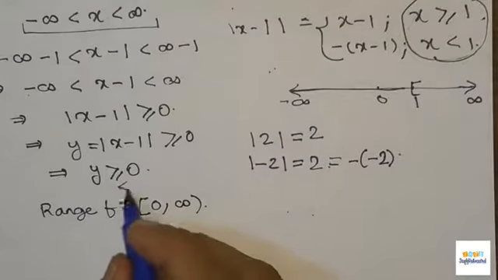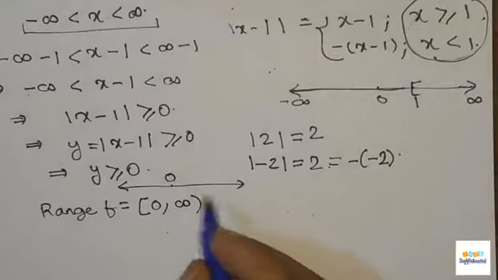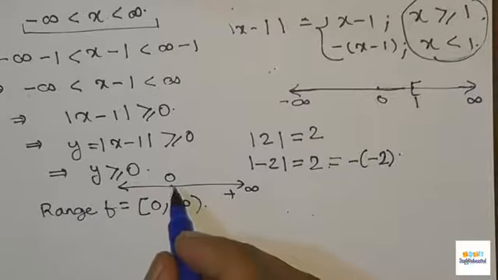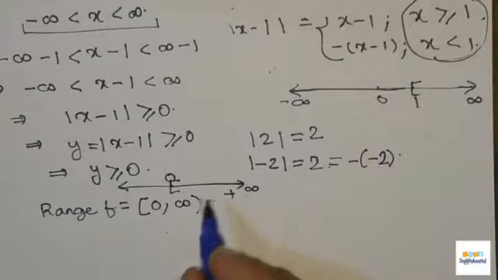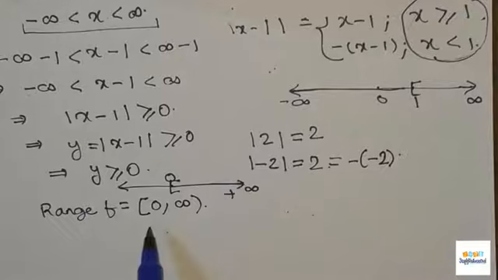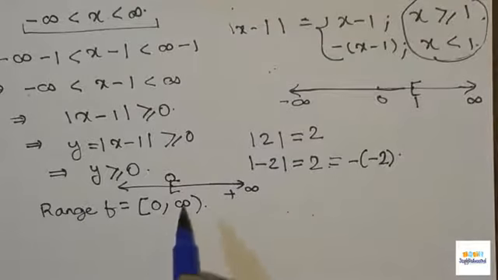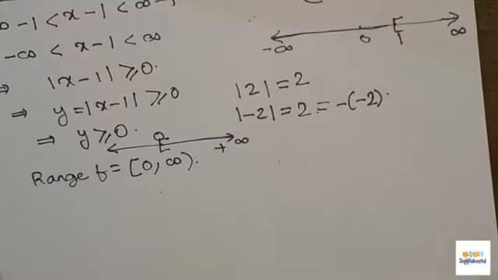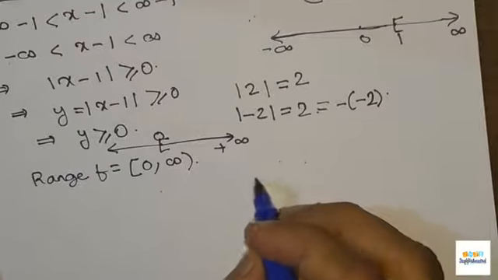Because if you look at the number line here, if this is 0, if this is plus infinity, y greater than or equal to 0 means 0 and the numbers which are greater than 0. So all this, and this interval is nothing but closed 0 comma infinity open. So the range of f will be this.